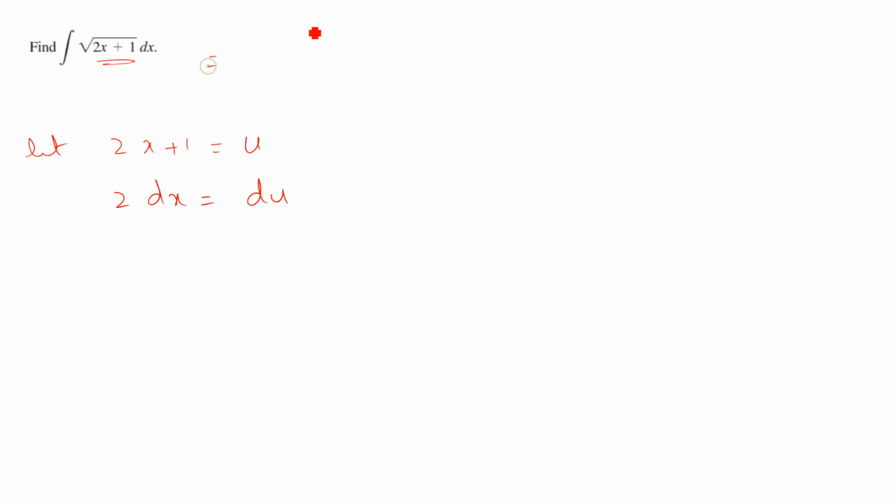So this integral becomes the square root of u, and because we have to plug in the value of dx, dx is du over 2. So this is 1 over 2 square root of u du.